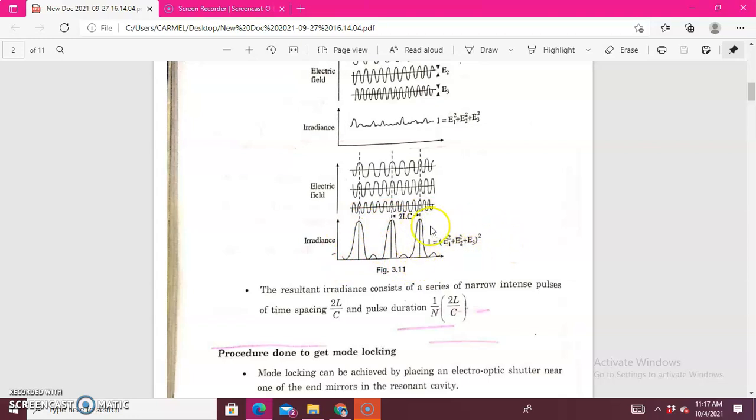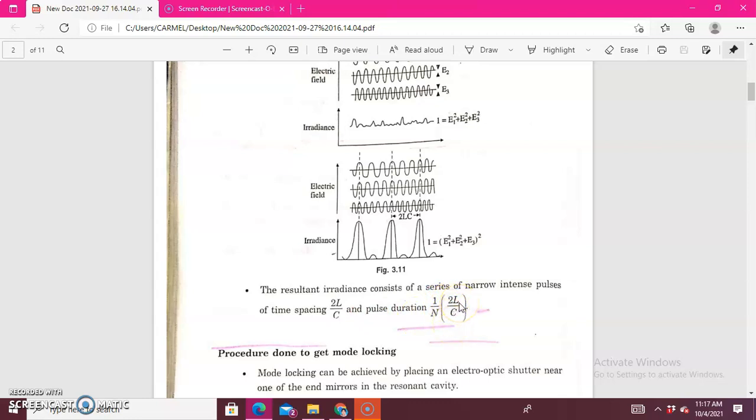This resultant output consists of a series of narrow intense pulses with time spacing 2L by c, and the pulse width, that is the duration, is 1 by N into 2L divided by c.